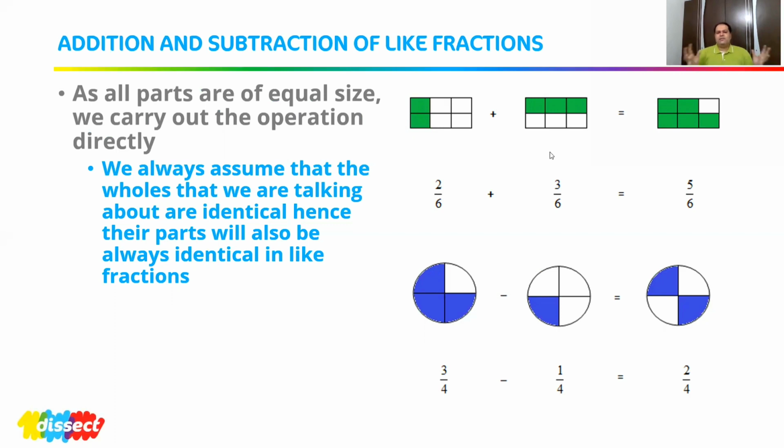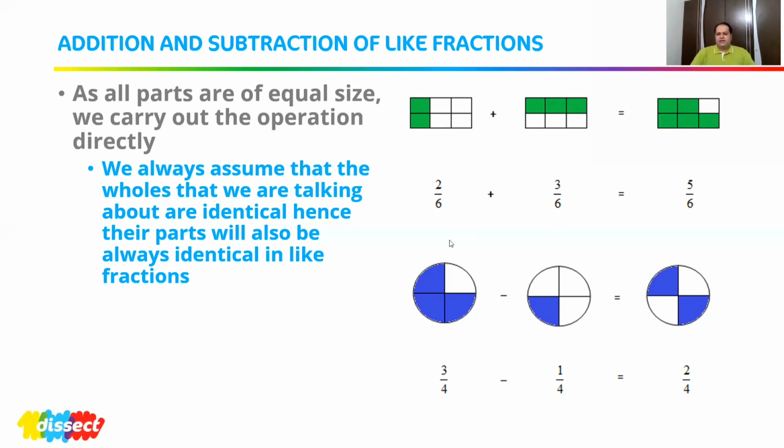Now, what does addition mean? It means collection. So I have collected 2 selected parts from here and 3 selected parts from here because it is an addition. And if we put it here, then we get 5 selected parts out of total 6. And that is what the answer is.